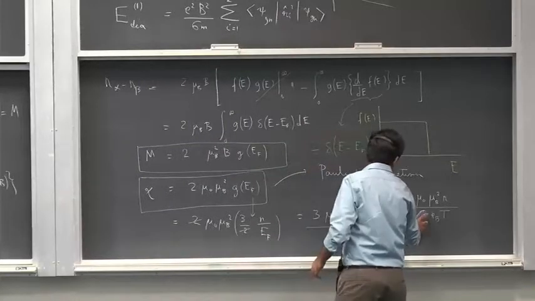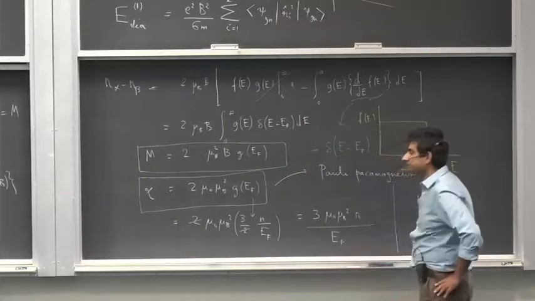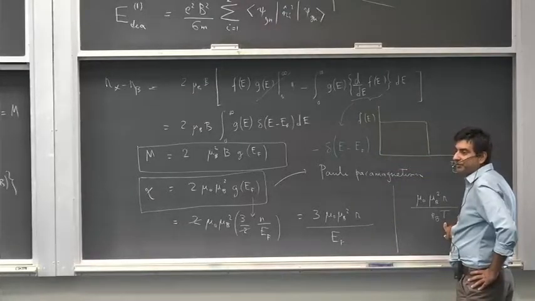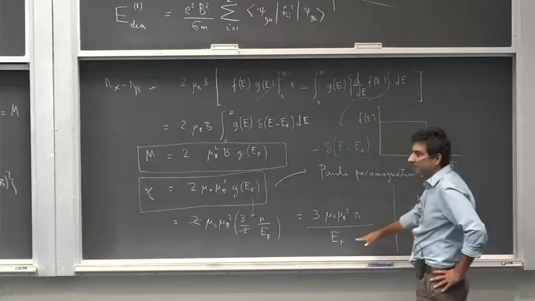Here there is a temperature dependence. This is Curie's law for spin half, but there is no temperature dependence in the Pauli case.